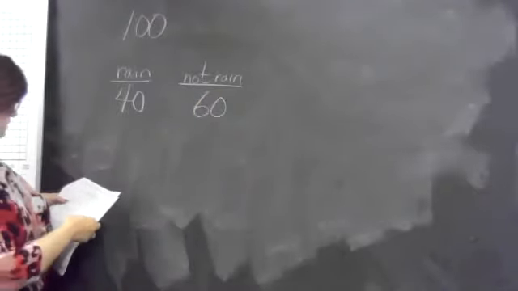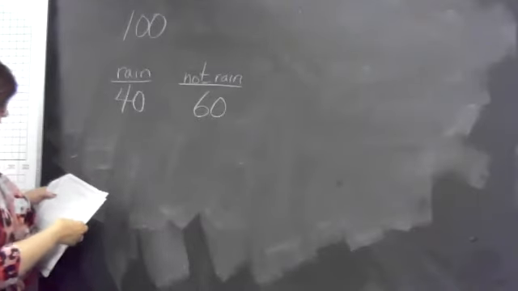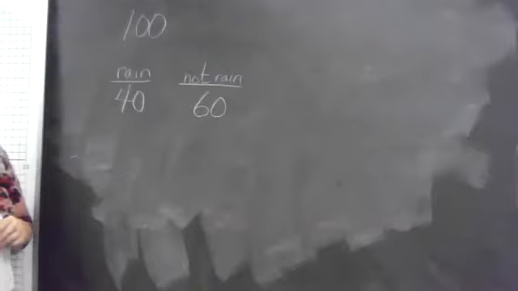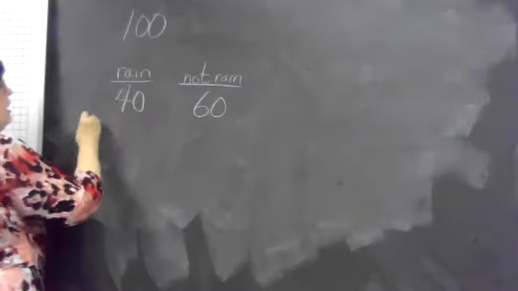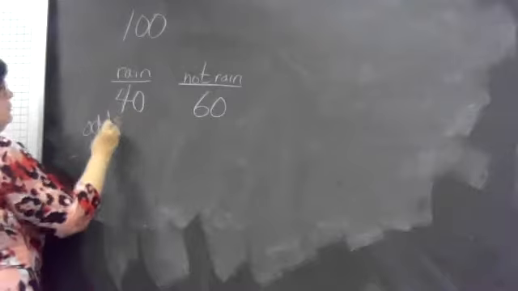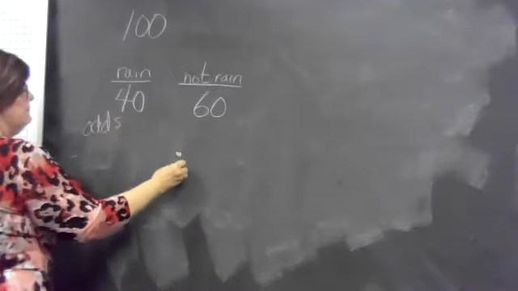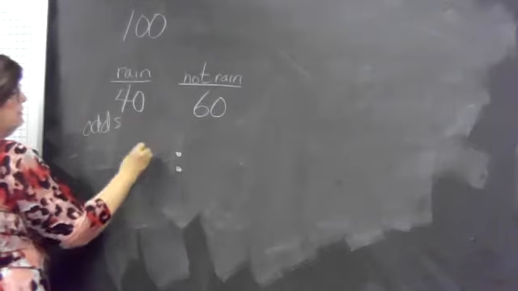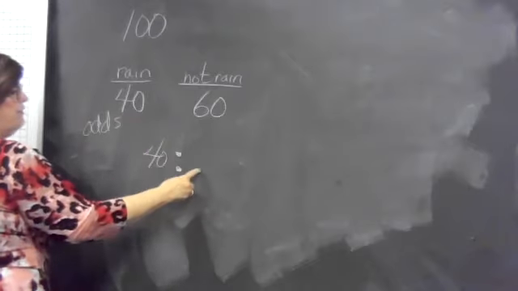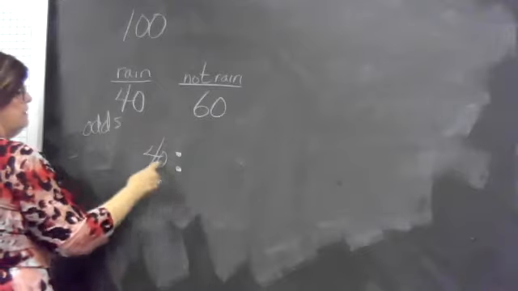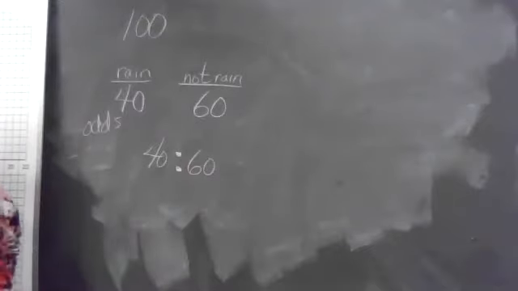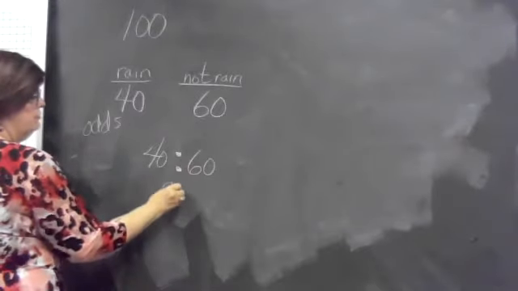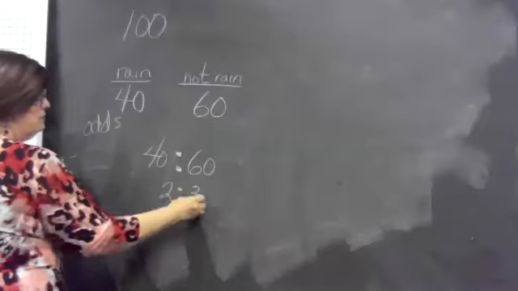So now it says in part A, find the odds that it will rain. Well, here's our number that it will rain. They said odds, so we need a colon. The in favor goes here. Not the total, but the other that adds up to the total. And when you simplify, you're going to have 2 to 3.